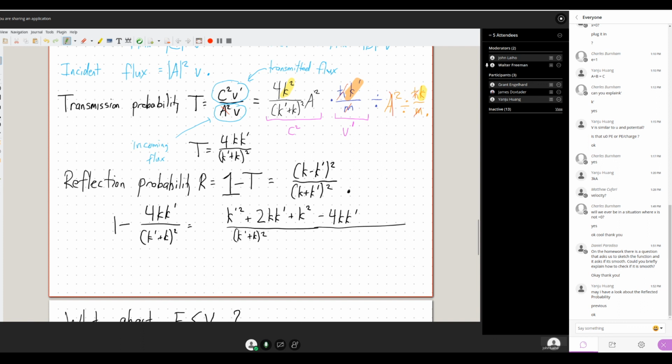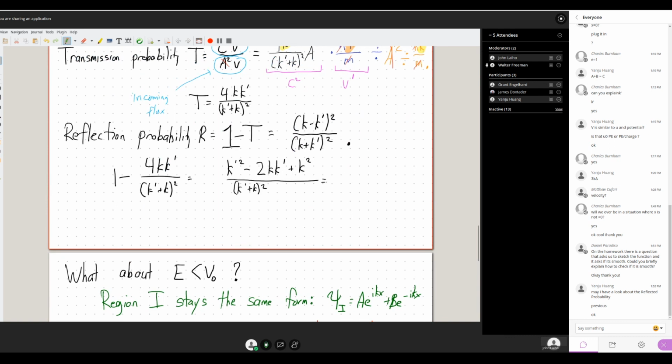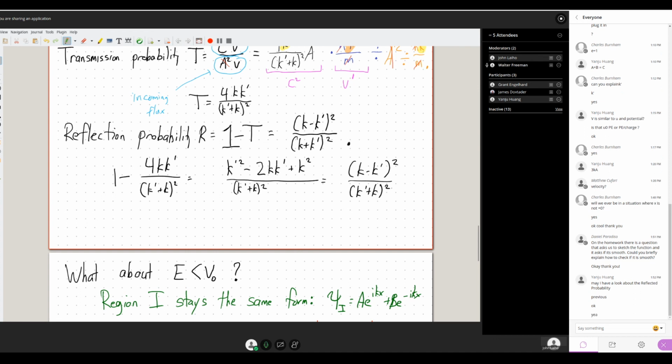Now 2k k prime minus 4k k prime just gives me minus 2k k prime. And then you recognize this numerator as just (k minus k prime) squared. Does that answer your question about where that came from? Good. Yeah, it's just a stupid algebra trick.